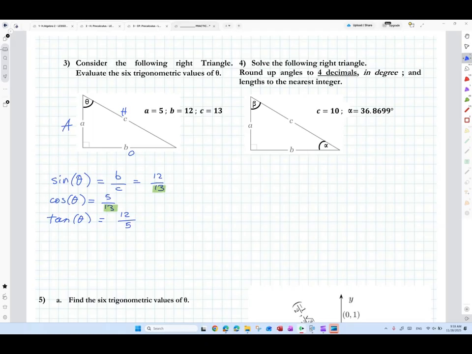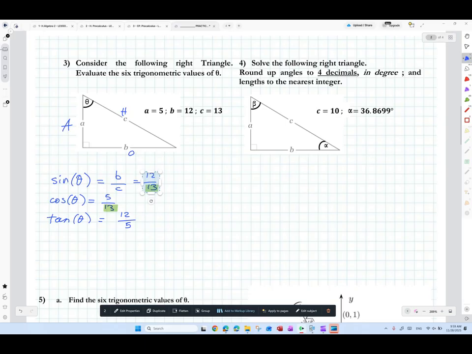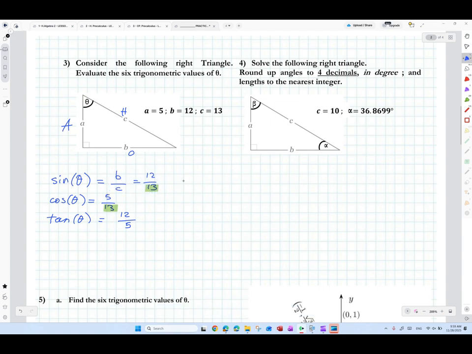And to get the reciprocal values, that is cosecant of theta, secant of theta, and finally cotangent of theta, I would just flip the top and the bottom.